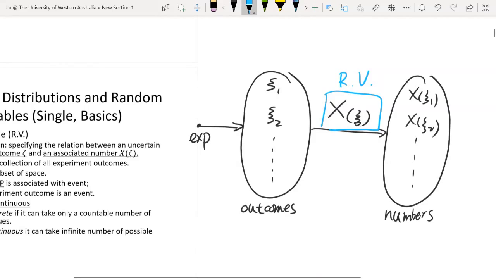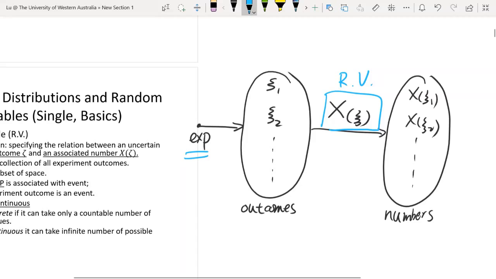But under what kind of situation can we use a random variable to analyze the system? The only condition is, regarding the given experiment, we must be able to know the collection of all the possible outcomes.